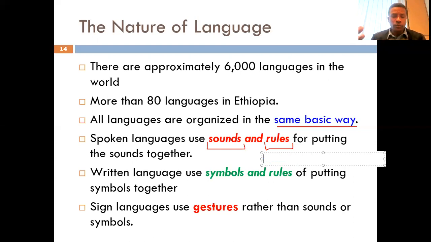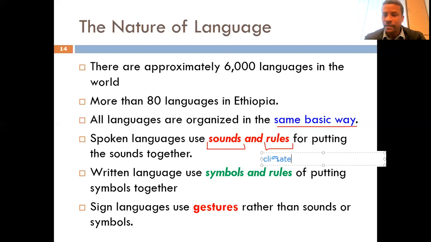But what if I put words like this one? Now you can understand, because you know these symbols are correct. You know that the arrangement of these symbols will make sense to you. Now, this is climate. What if I put here, like this one?